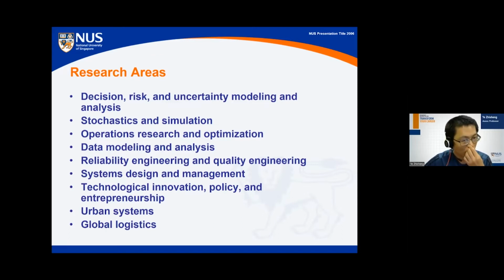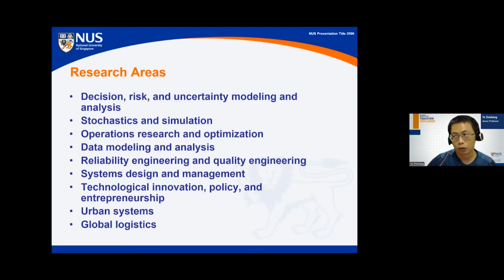All of these are systems. Based on the different systems people are working on, we have quite a few research areas. For example, we can work on decision-making, because if you want to improve the system, you need to help improve the decision.